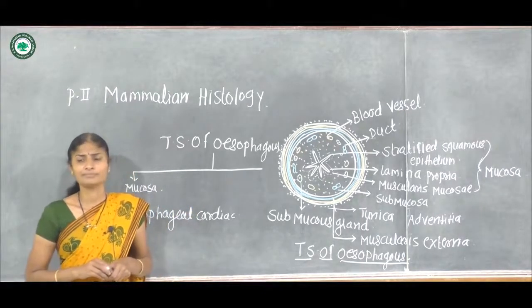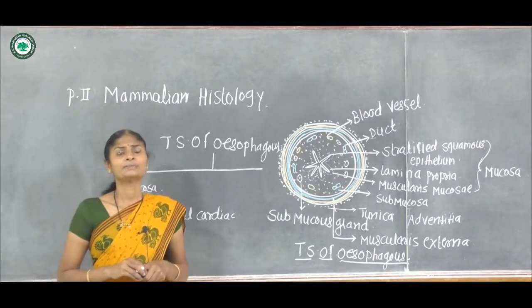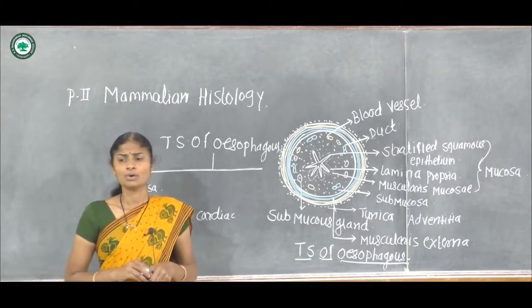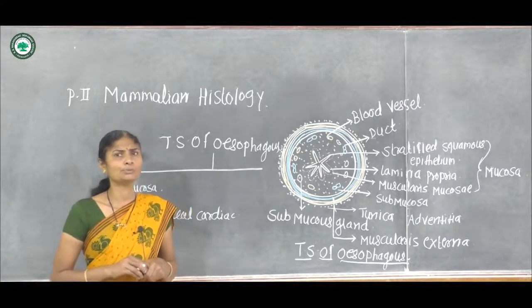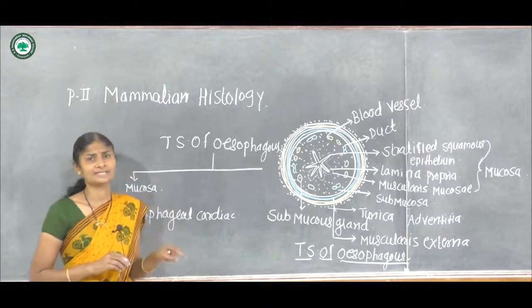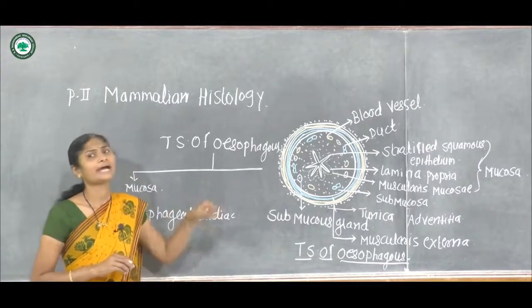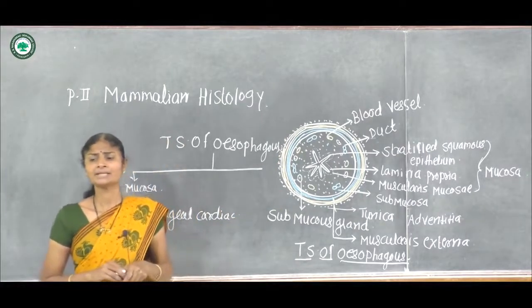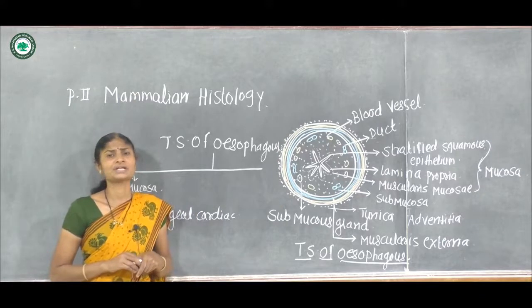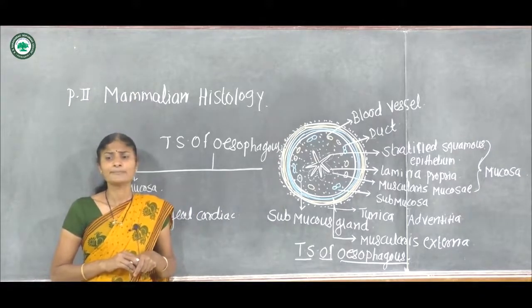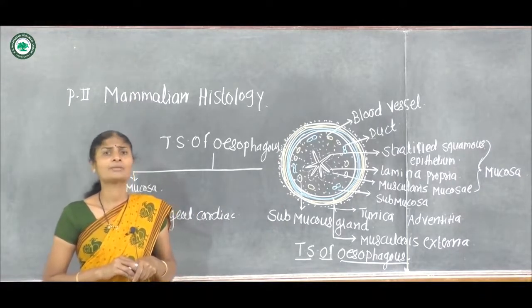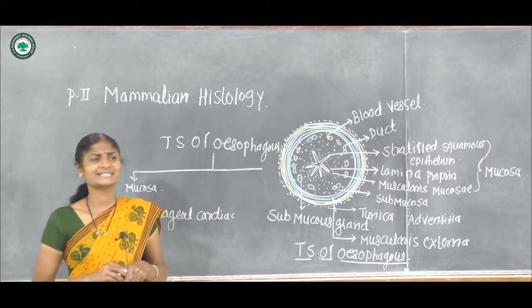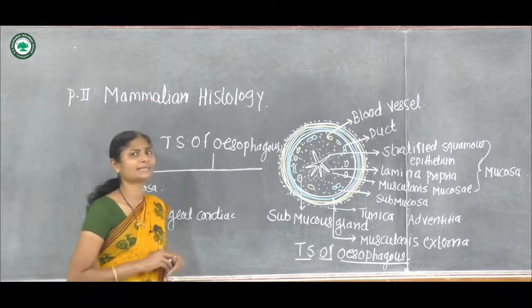Their ducts pass through the epithelium and open into the lumen, and at certain places the papillae of lamina propria project into the epithelium.